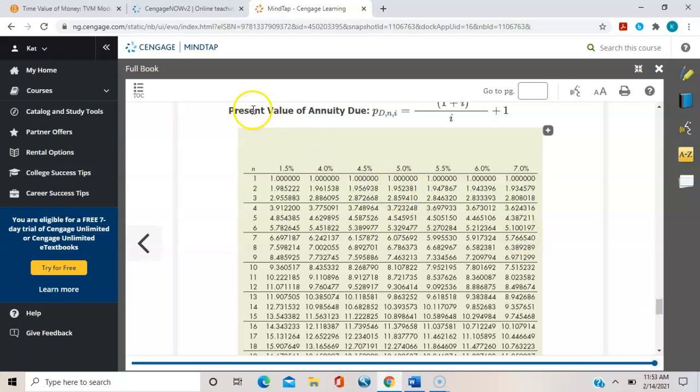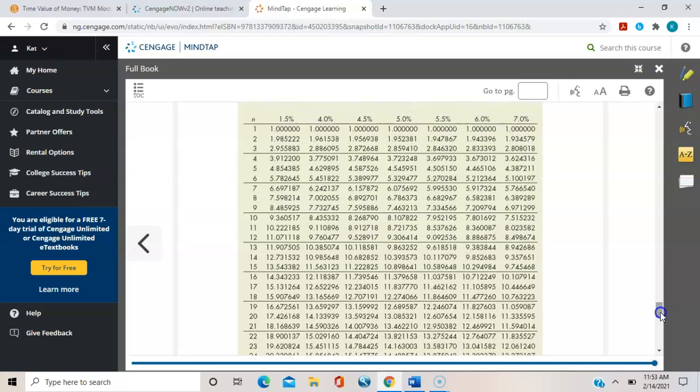Okay, present value of an annuity due. Okay, and we want 6% and 20 years. Okay, so here we go, 12.158116.